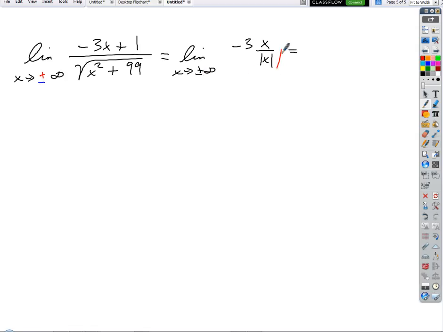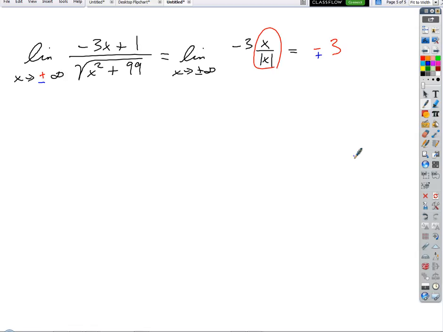So there's that funky function that gives you back the sign of the input. And so what do I get? In the case that x is positive, I get back negative 3. In the case that x is negative, I get back positive 3.